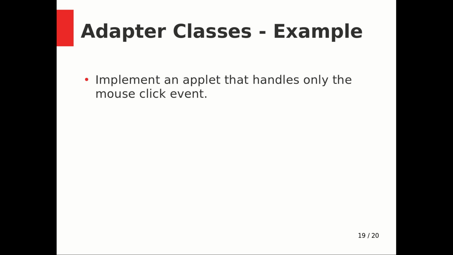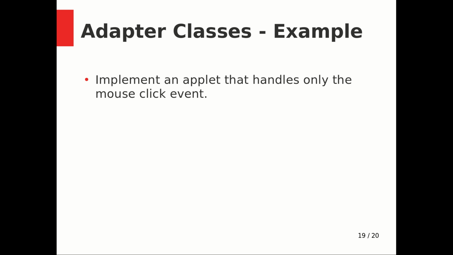Now we are into a practical example. We will see how we can use these adapter classes through a practical problem. The question is to implement an applet that handles only the mouse click event. We did a program similar to this one in the previous video lecture. There we were handling all the events for the mouse events and mouse motion events.